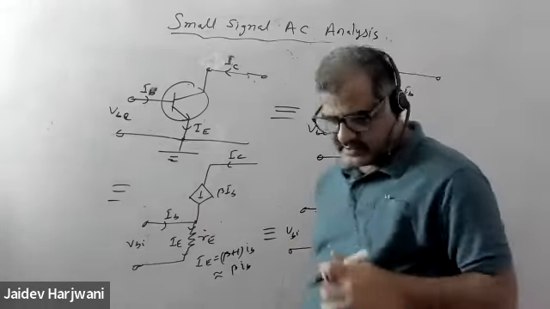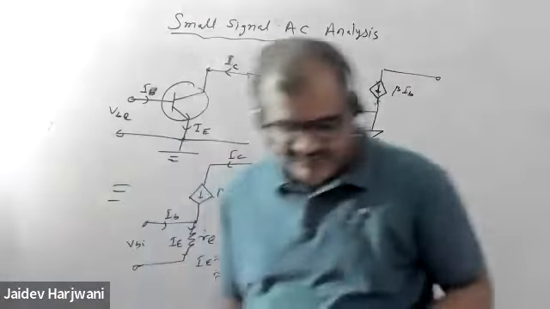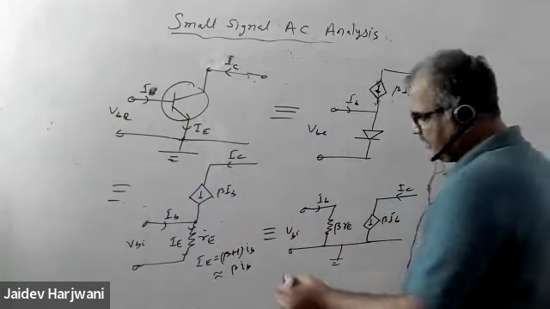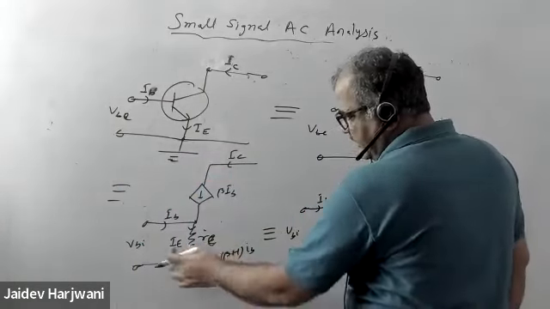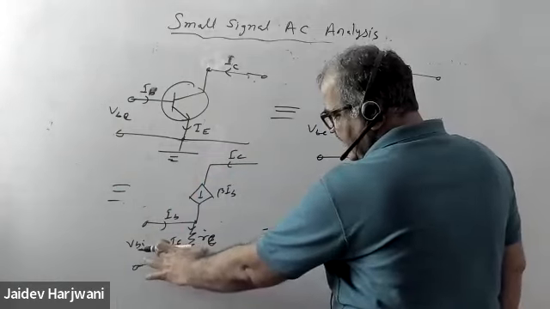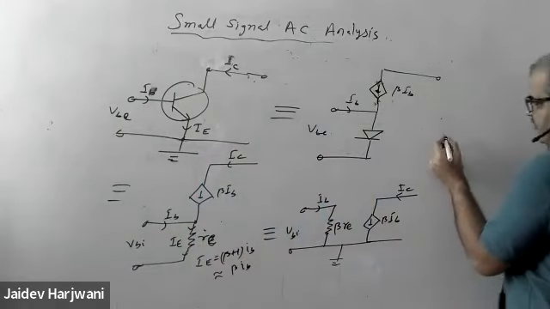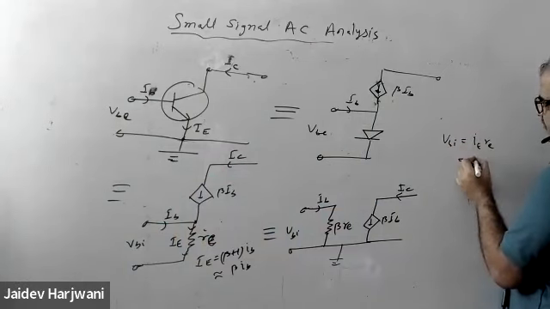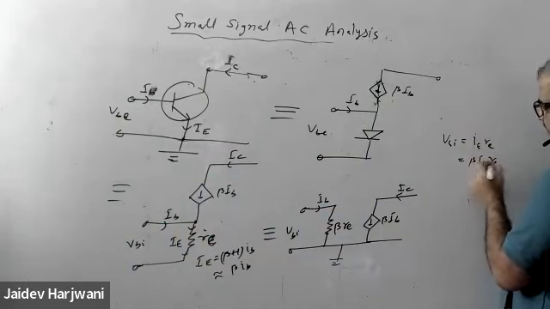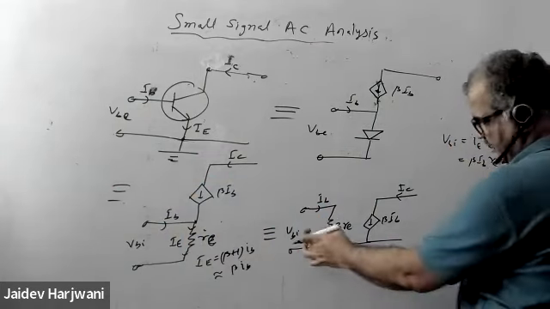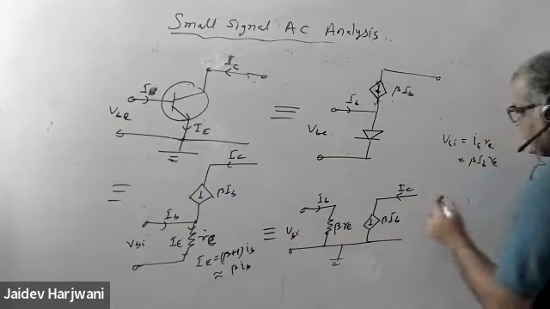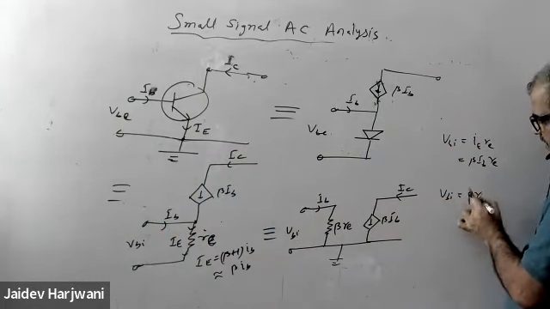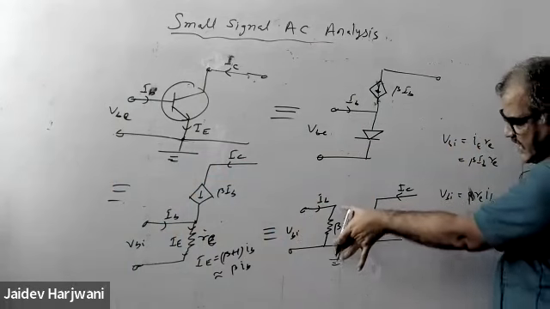Now you can see nothing changed. If I replace RE by beta RE, nothing is changed, because ultimately the voltage here VBI is what? IE RE. So VBI is basically IE RE, which equals beta IB RE. And if you see here, what is VBI here also? Here also VBI is beta RE IB. So the input voltage VBI is not changing.